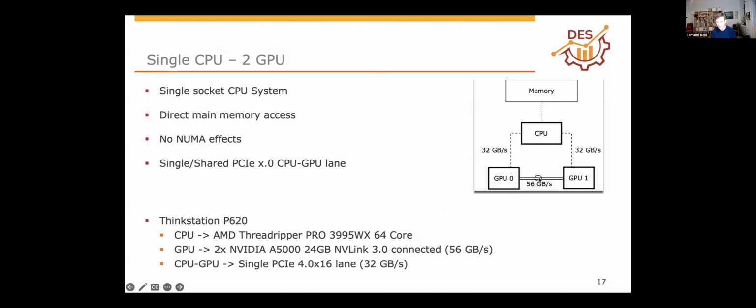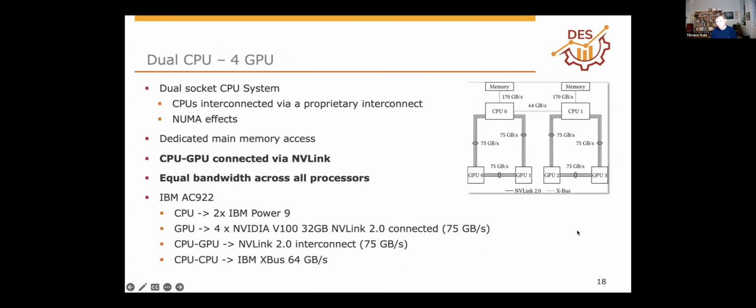So we can see the GPUs are connected faster with each other, but have this PCI Express connection. The memory, which I didn't put here, is something like 150 gigabytes per second roundabout that the CPU can get. So we'll definitely be bottlenecked by this connection here, right?